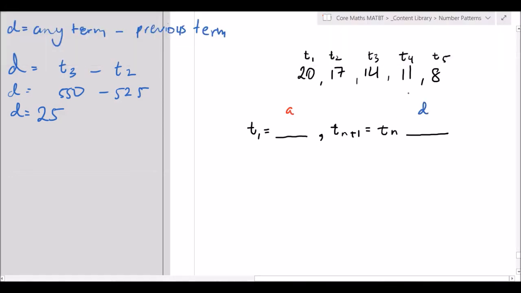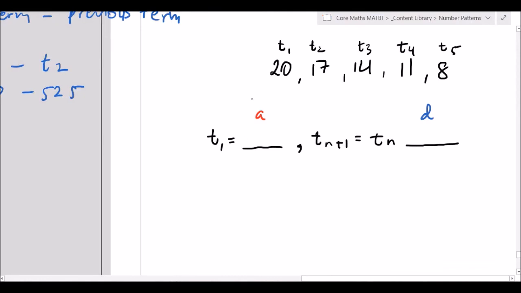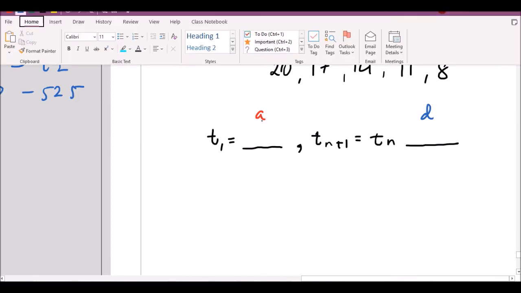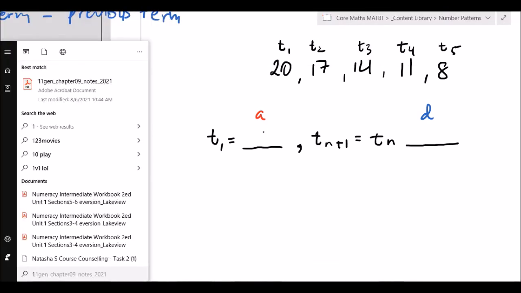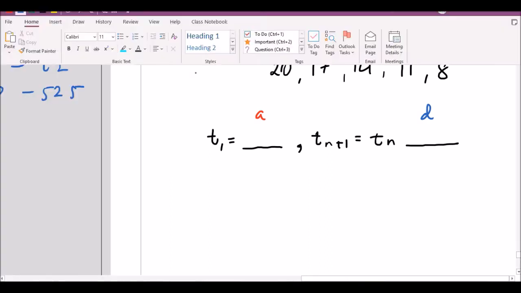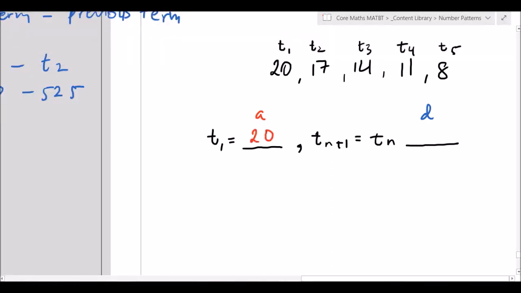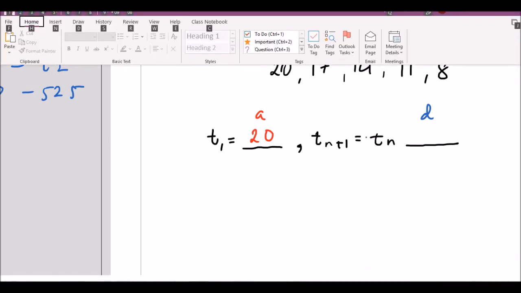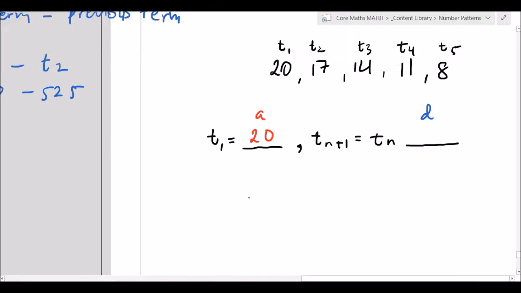So first term, common difference. All right, so let's look at my recurrence relation. I can already see the first term is 20. So let's write that down, 20. And my common difference, how do I calculate it? Remember, any term minus the previous term.